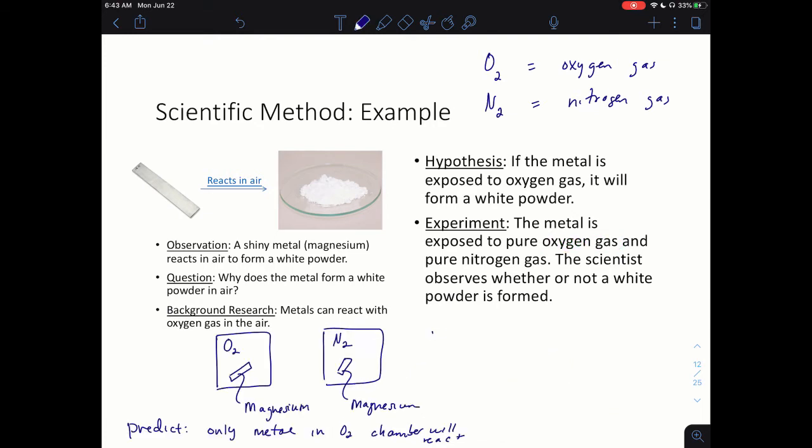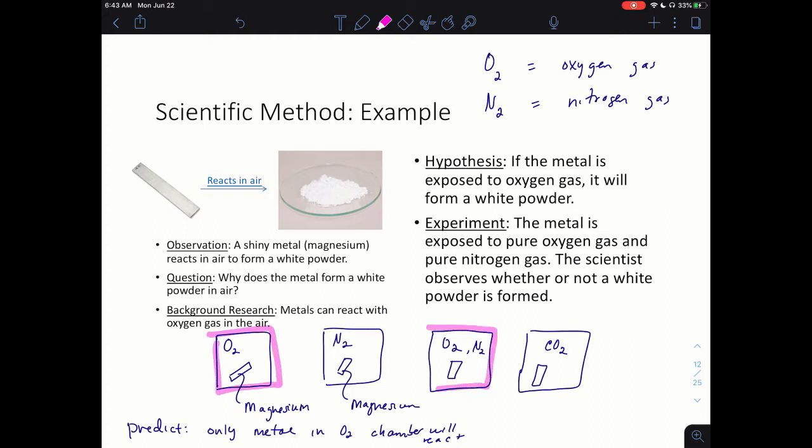And we could have some other tests, some other trials. We could have maybe oxygen and nitrogen in this chamber, or we could have a different gas. You could use carbon dioxide in this chamber. But I'm predicting that only the metal strips in the chambers containing oxygen will react.